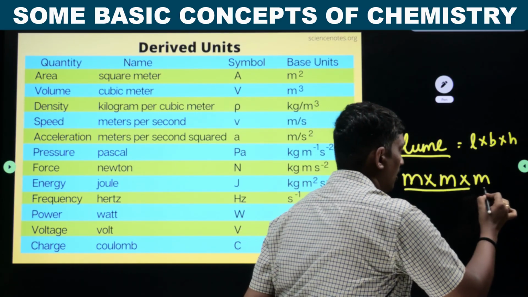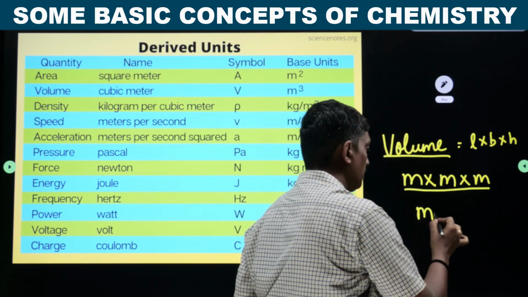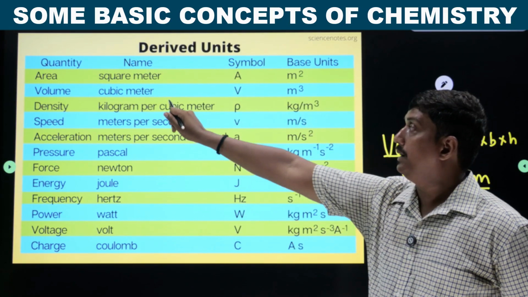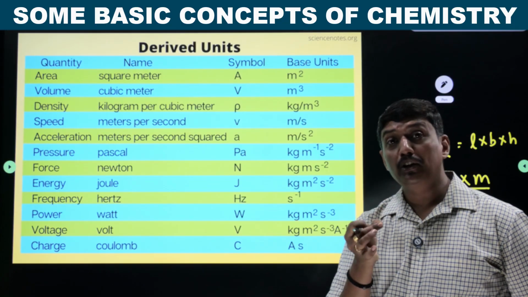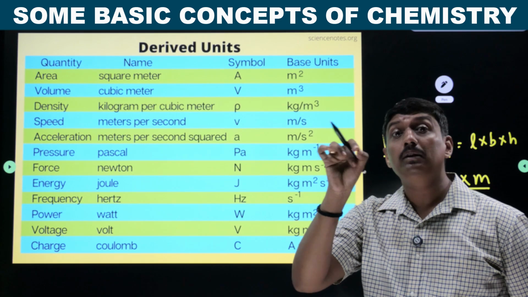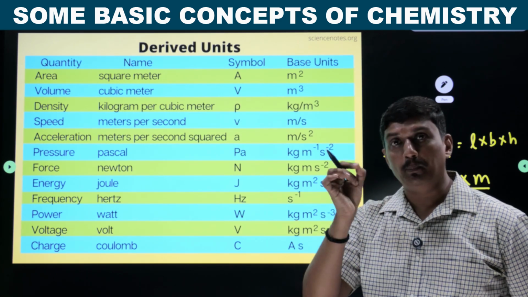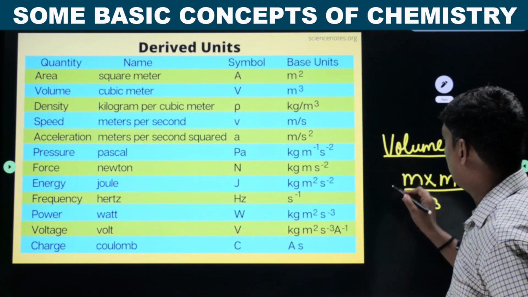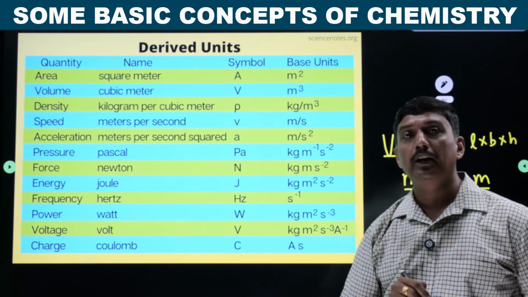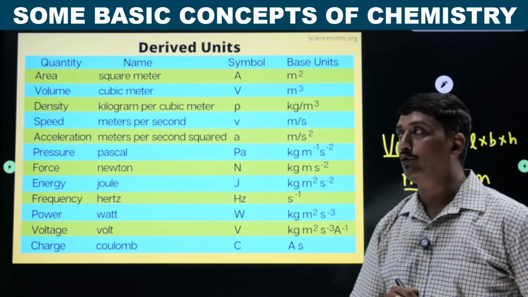So if you multiply all, you get meter cube. It is also called cubic meter. Meter cube or cubic meter is derived from meter into meter into meter. Hence, m cube is a derived unit.